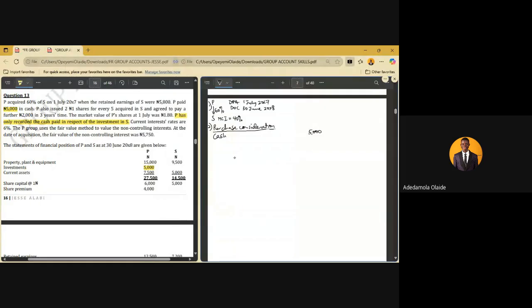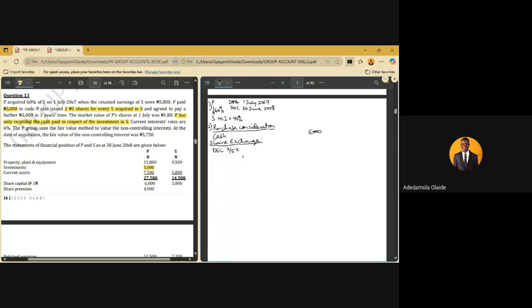Then what do we have next? They agreed to issue 2 one-naira shares for every 5 acquired in S. So we have the share exchange consideration, of the ordinary share capital, 2 for every 5, that will be 2/5, multiplied by how many shares are they acquiring?